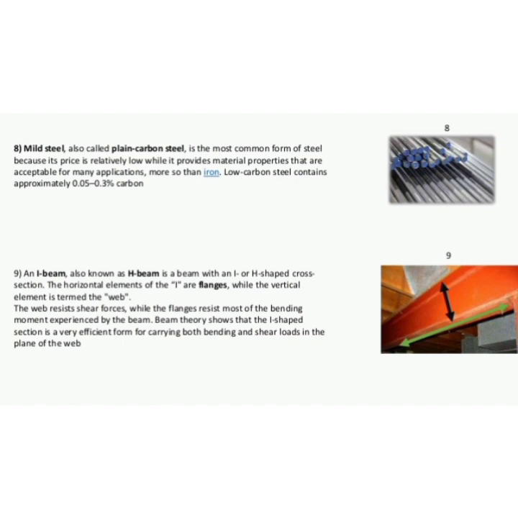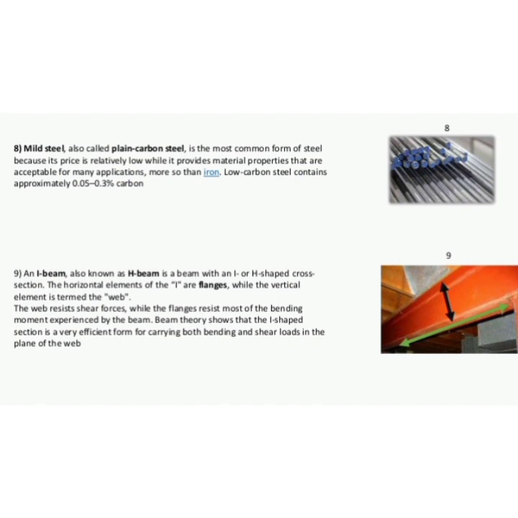An I-beam, also known as an H-beam, is a beam with an I or H-shaped cross section. The horizontal elements of the I are flanges, while the vertical element is termed the web.